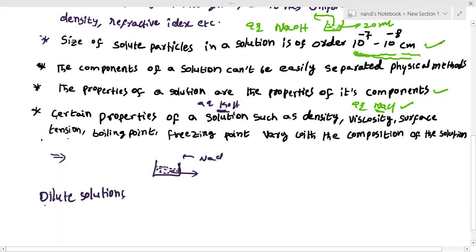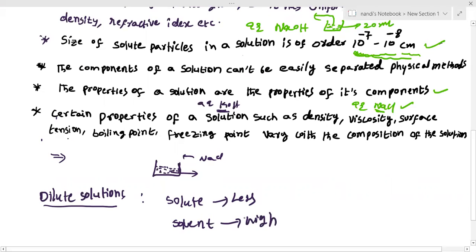Which is more here, and which is less? Generally the solute is in a very small amount and the solvent is in a very high amount. That we call a dilute solution. Concentrated solutions have a relatively larger amount of solute.